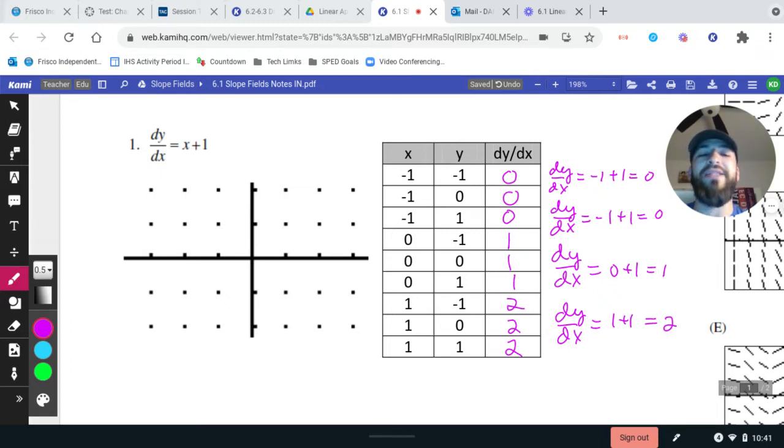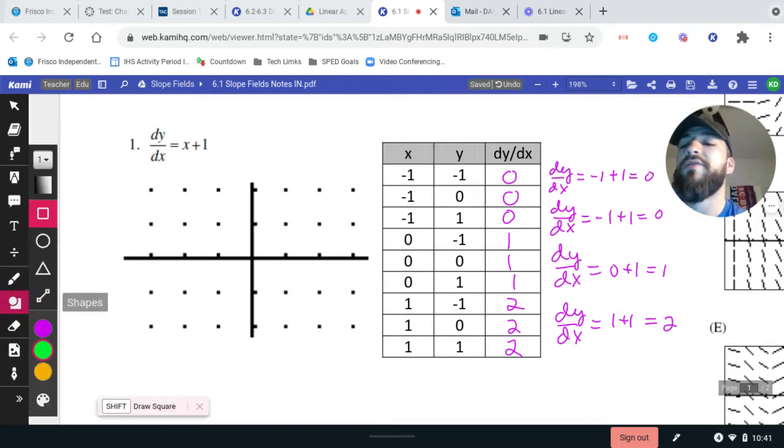So now I'm going to take these slopes, and each of these represents a point on my coordinate plane. So at (-1, -1), I'm going to draw a little mini slope of 0. (-1, -1) is here in quadrant 3, and a slope of 0. We're going to use our line tool to make nice straight lines.